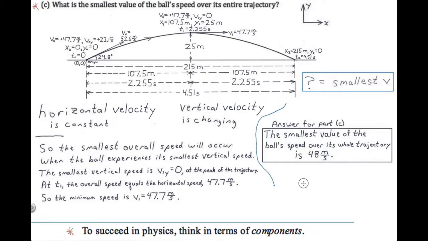If you did not get part C correct, that means that you need to make a stronger effort to think in terms of components. The key to getting part C correct was thinking separately about the horizontal component of the velocity and the vertical component of the velocity.